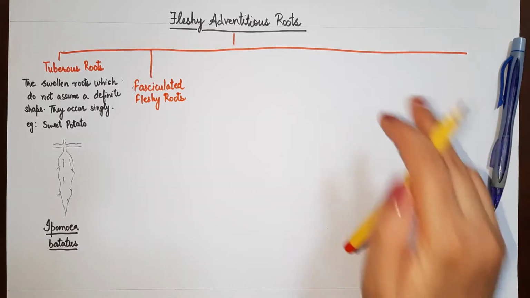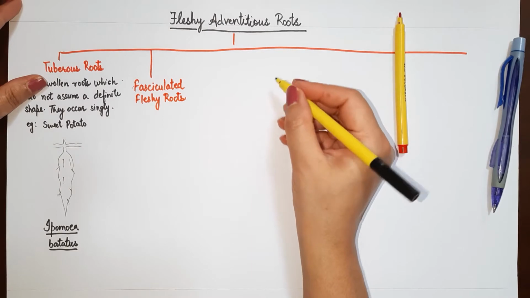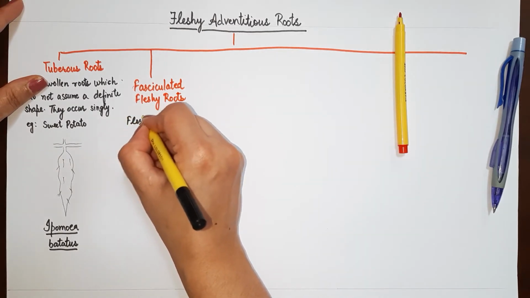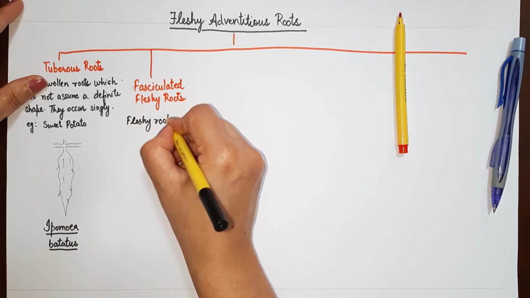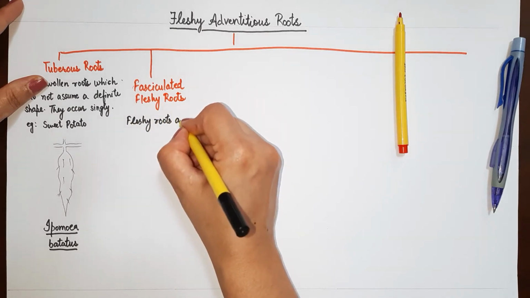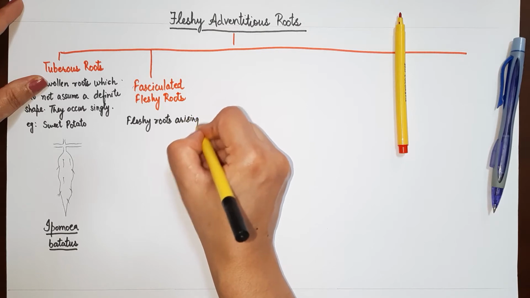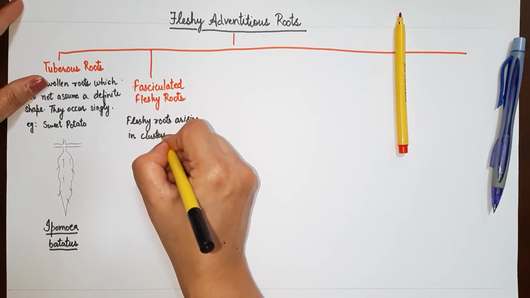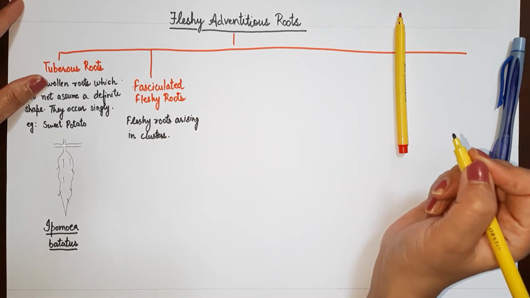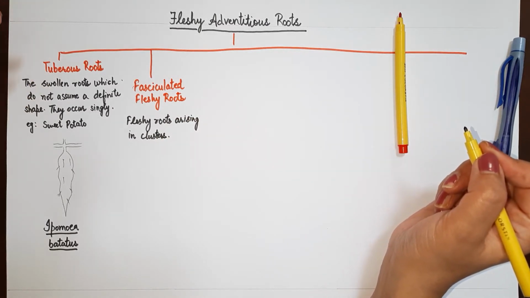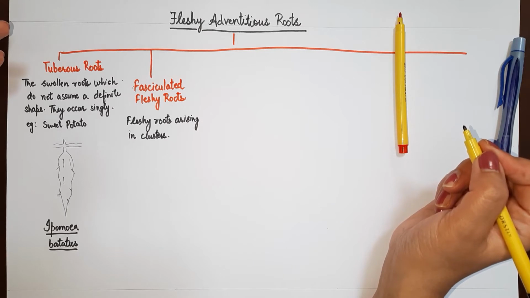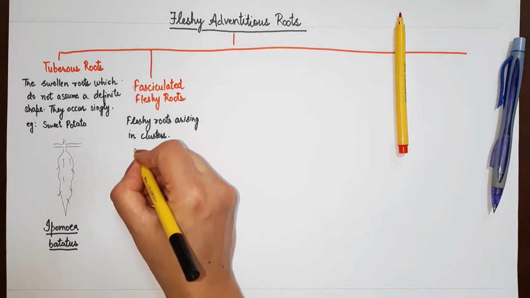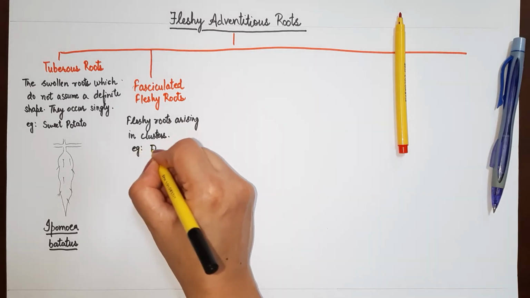Okay, so it means these are the roots which are basically fleshy and arising in clusters. And they also don't have a particular shape. Okay. Now in this case, the example is dahlia.